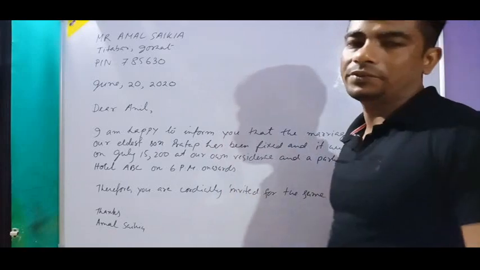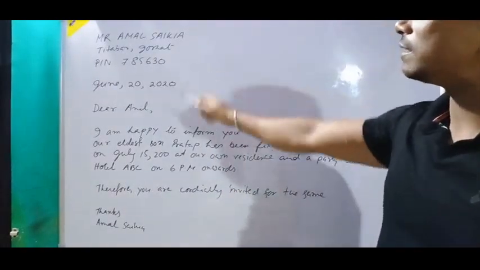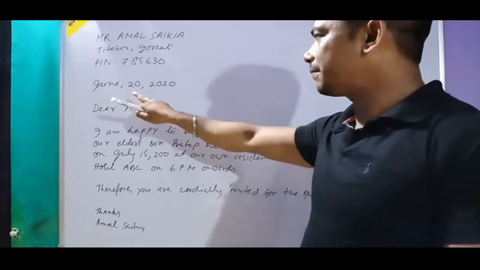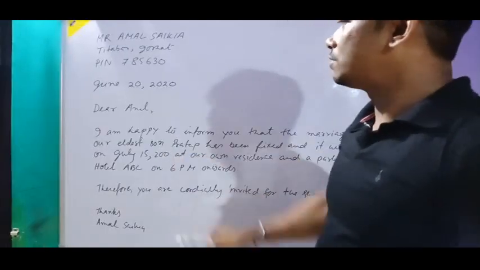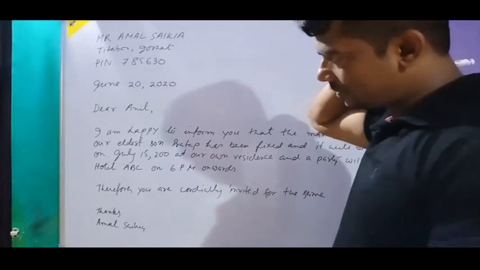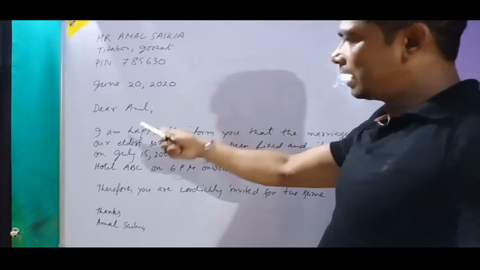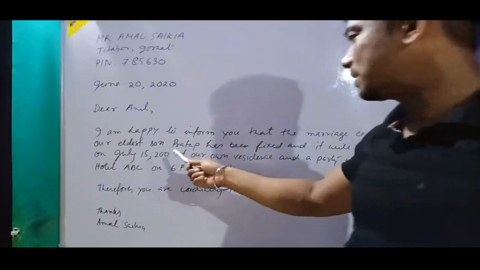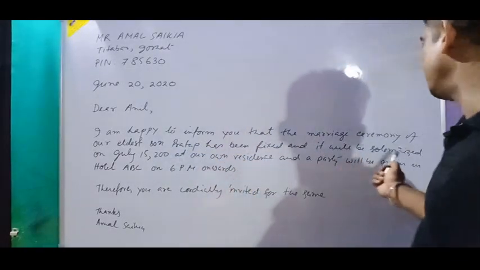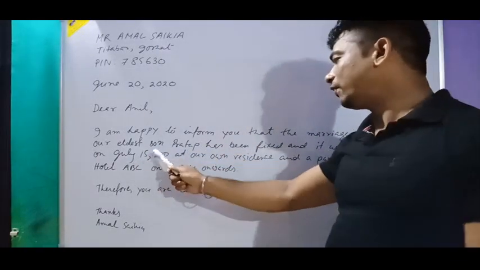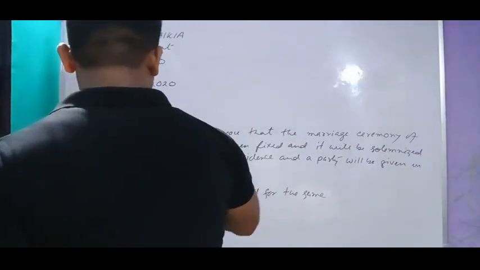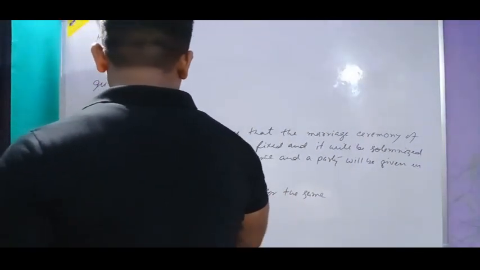I'm again reading it out. At the top, own address of the sender, Mr. Amal Saikia, Titabar, Jorhat. This is PIN. Then this is the date, June 20, 2020. Then dear Anil, his brother. I'm happy to inform you that the marriage ceremony of our eldest son Pratap has been fixed and it will be solemnized on July 15, 2020.